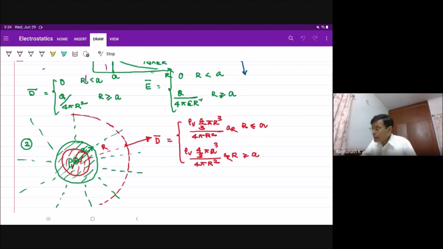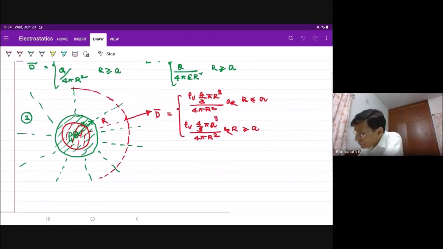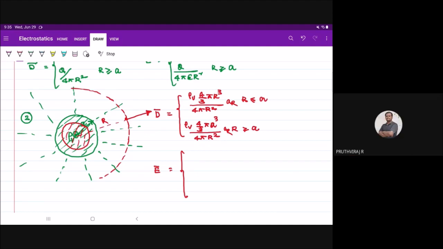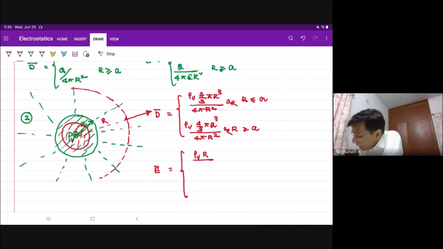Comfortable? So electric field intensity is what? Final expression? E bar is equal to, inside, what is the final expression? 4 will go. Rho v r by 3 epsilon. Yes, sir. Rho v r by 3 epsilon. You are supposed to know something here.